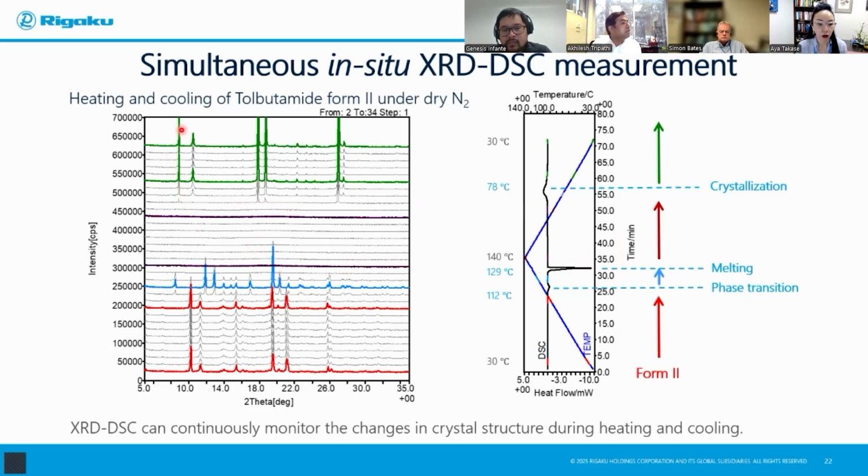So DSC along with XRD makes a powerful tool to not only see the changes in DSC, but to relate them, whether it's an amorphous and crystalline phase or whether it's an alpha, beta, or gamma, which phases are being formed. By the way, this study is for tolbutamide form 2 under dry nitrogen. That is where this study was performed. So XRD-DSC can continuously monitor the changes in crystal structure during heating and cooling.